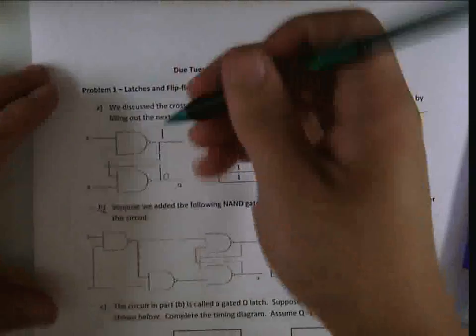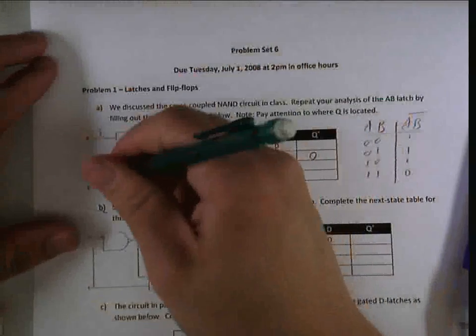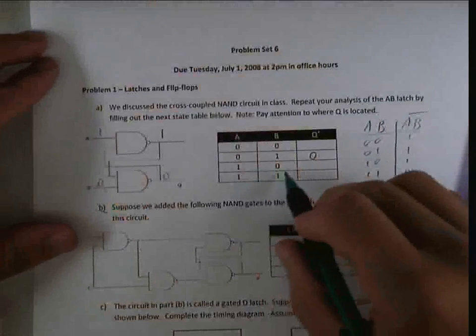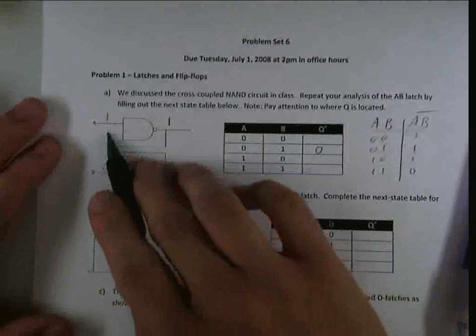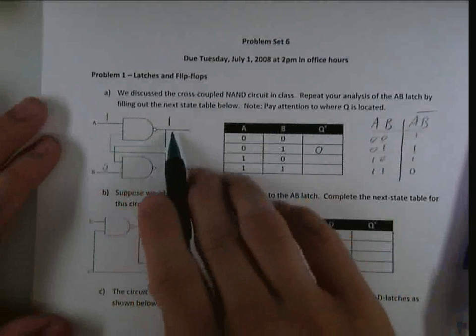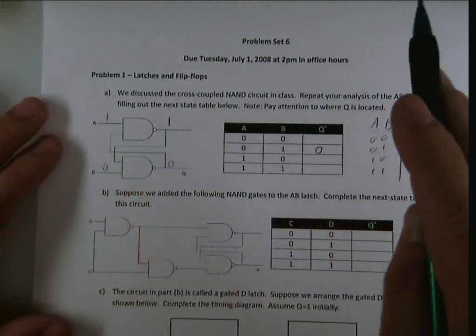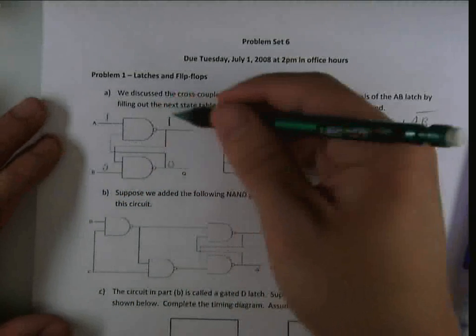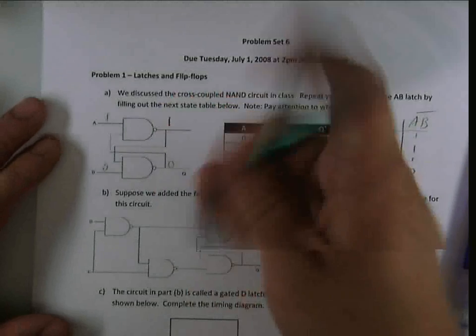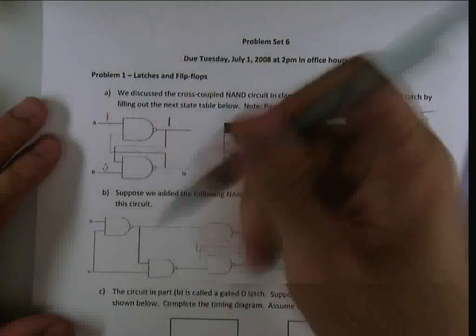So let's change this to 1, 0. So A is now 1 and B is 0. 0 NAND with 1 is going to be 1, but 1 NAND with 0 is going to change this to a 1.